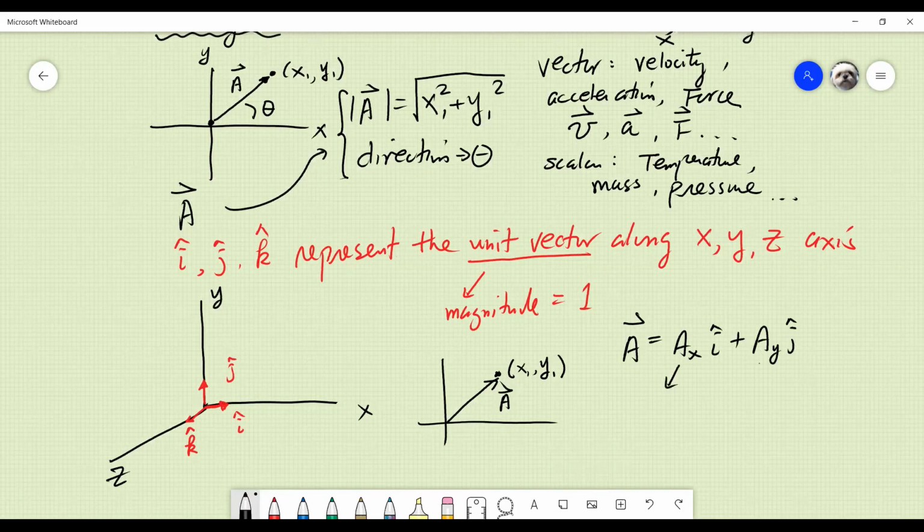Then what are AX and AY? AX and AY are nothing more than the coordinates of the point, which is x1 i plus y1 j. Are you with me? Yeah. Right. So it's much simpler than the way we drew it this way.